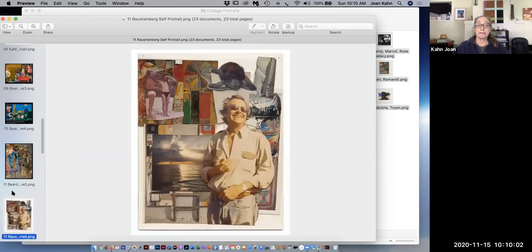This collage was done by an artist named Rauschenberg, and it's a self-portrait. He was a very famous mid-century American artist who really expanded the definition of collage. His style was kind of a loose scribbling and mark making.